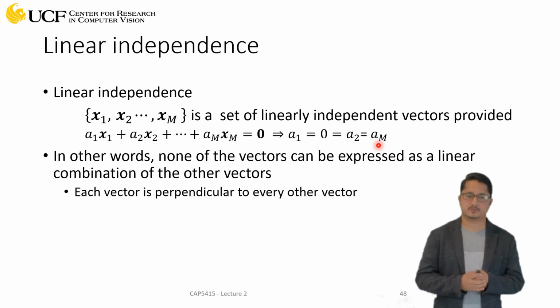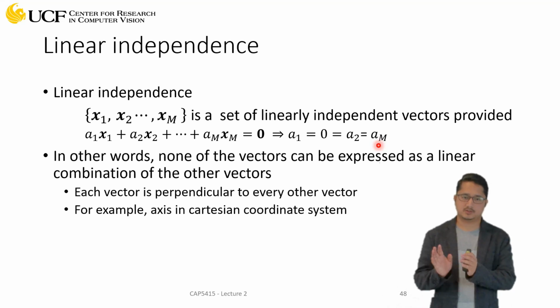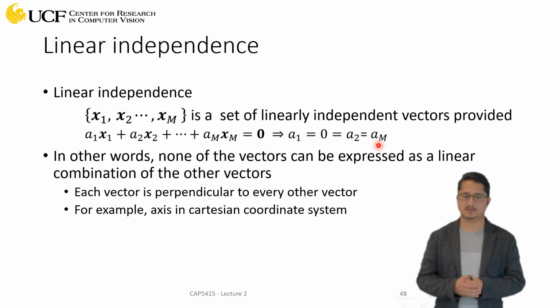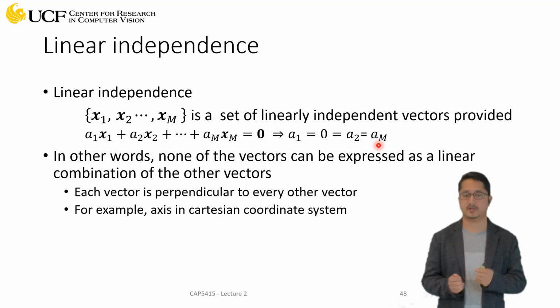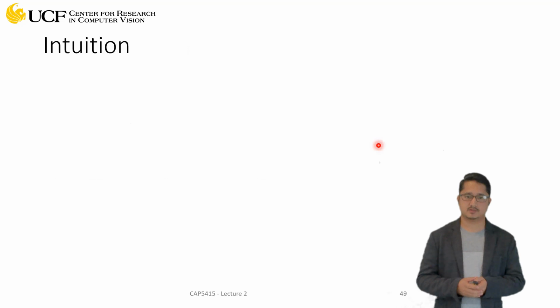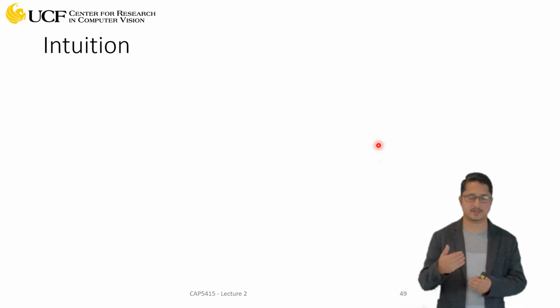If you look at the coordinate system, let's say 2-dimensional space, the axes, x and y, are perpendicular to each other, right? And they are linearly independent. That's one simple example. Even if you extend that to 3-dimensional space, your 3 coordinate axes will be linearly independent of each other.